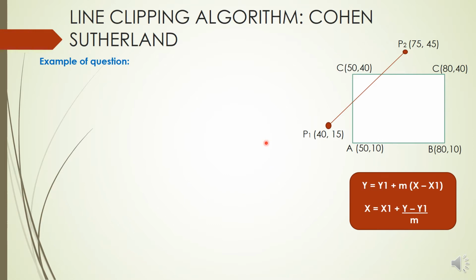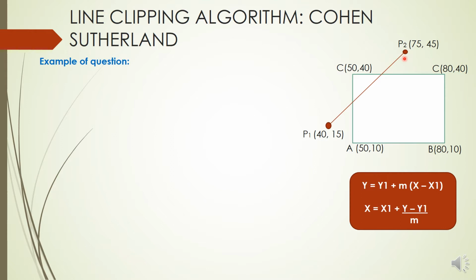Okay, let us see how this Cohen-Sutherland line clipping works with this example. In line clipping, the line is partially inside and partially outside, so we need to find the intersecting point.